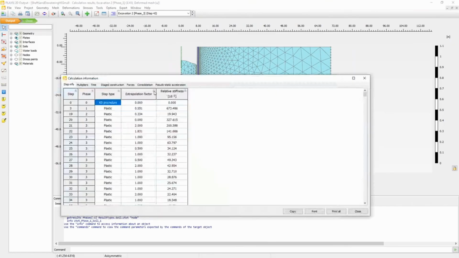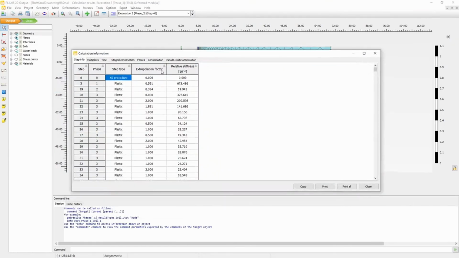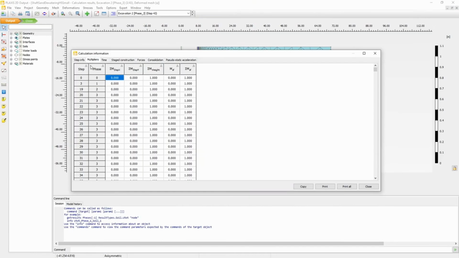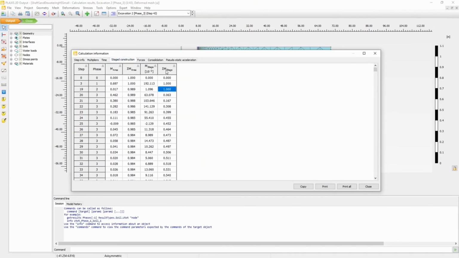Calculation information per step here. And you see here, you have the possibility to retrieve this multiplier, this sum MSF. Initially it's set to 1 because this is the first phase, but at some point, stage construction, I was not looking at the right one. Sorry, I got a bit confused for some time. I'm really sorry for that. It should be the stage construction, of course.